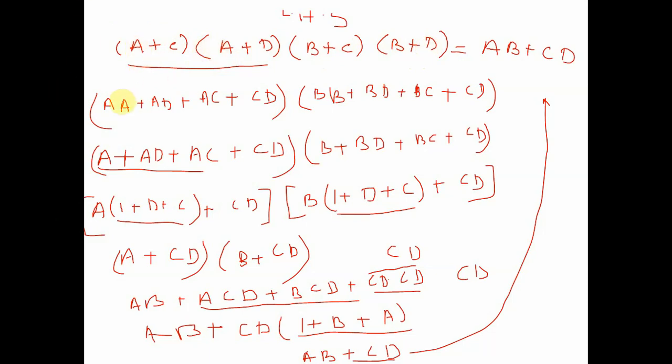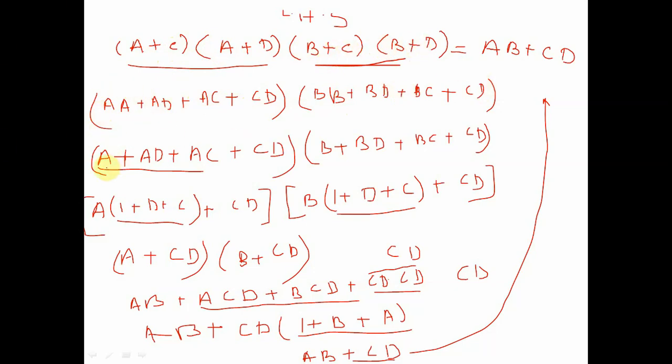A is multiplied with A, A with D, C with A, and C with D, so A into A, A into D, A into C plus CD, and the remaining as it is. Similarly B is multiplied with B, BD, BC and CD.